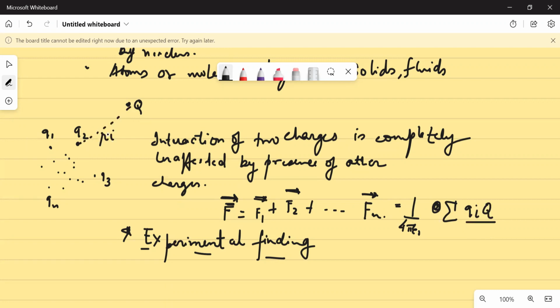For example, if this is R2, this is R1, so this will be Ri square. So the net sum would be equal to what? K Q1 Q2 upon R square, with individually whatever is the distance from the corresponding charge. Is that clear to you? I don't think there's an issue for now.